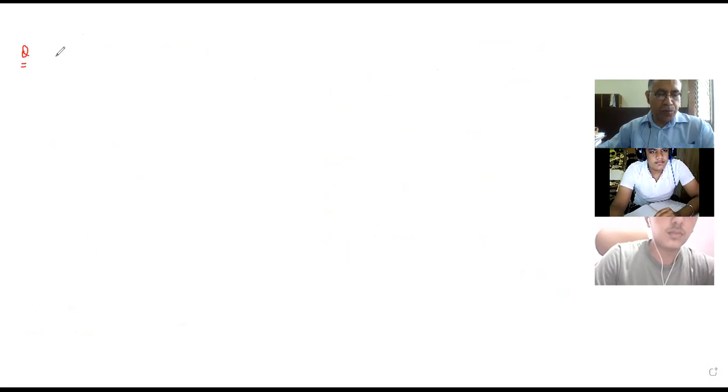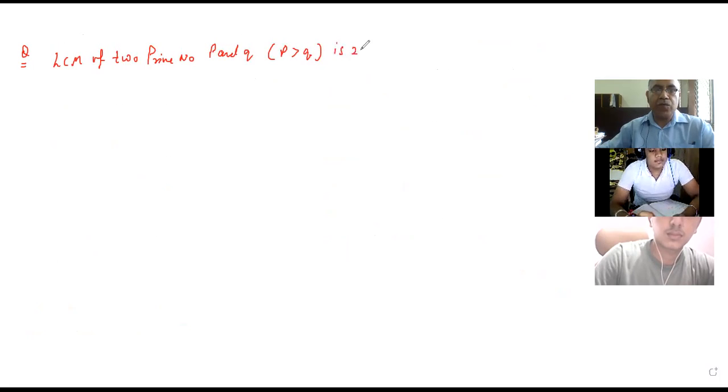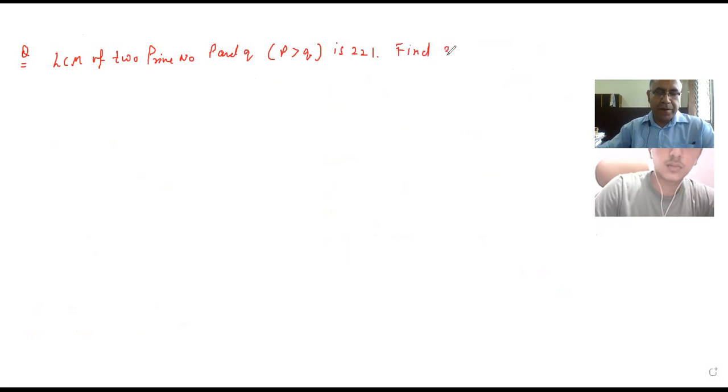The question is, the LCM of two prime numbers P and Q, यहाँ पे P Q से बड़ा है, is 221. Find 3P minus Q. Answer is 4.